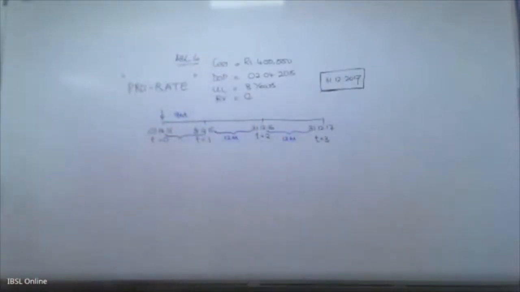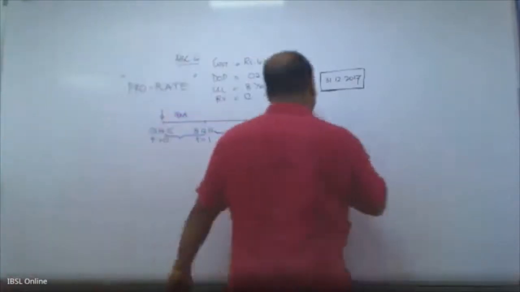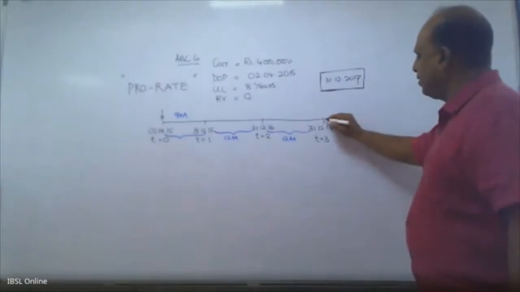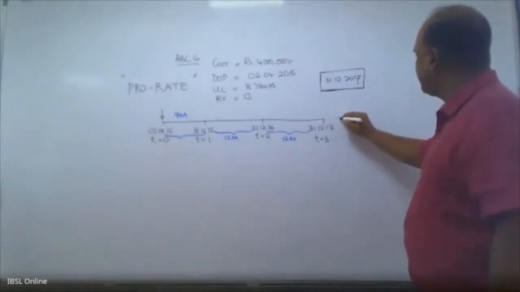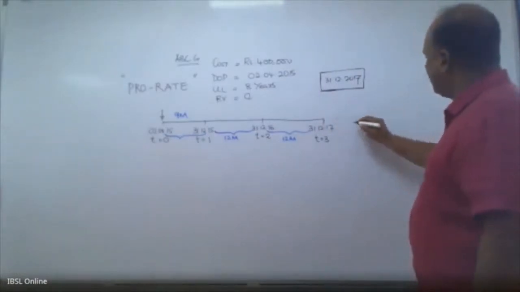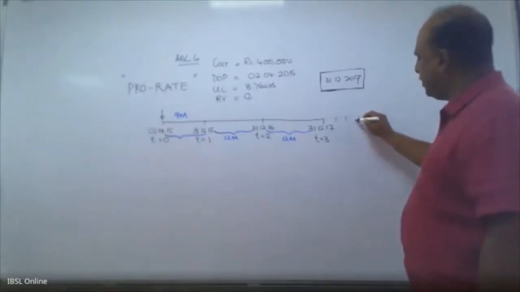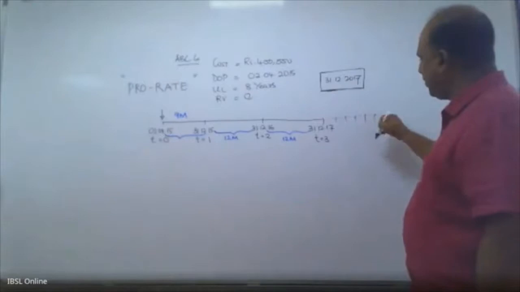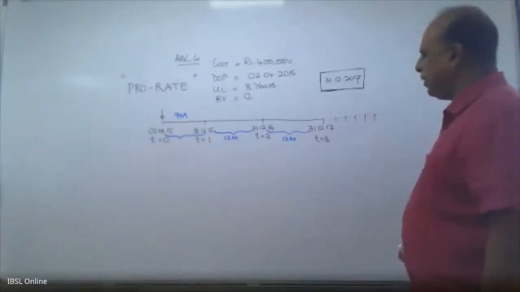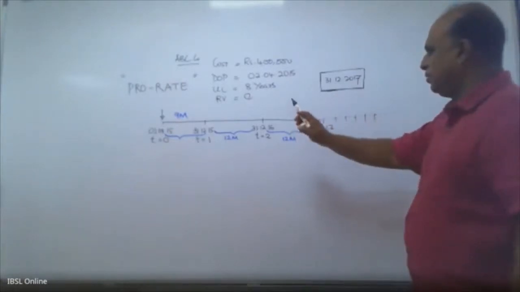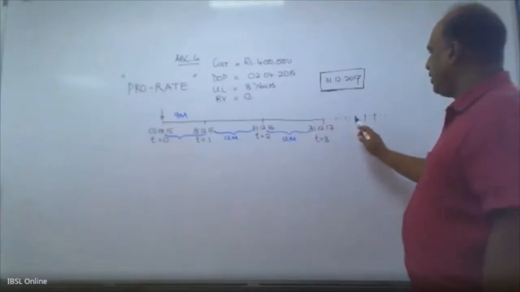But then again, at the end of the time period, if you really extend it, there will be time periods: 31st December 18, 19, 20, 21, 22. So what will happen? 1, 2, 3, 4, 5, 6, 7.